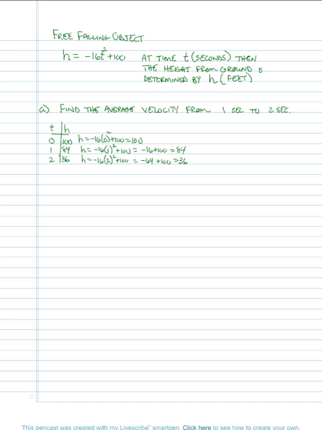So you can see that it's traveling faster between 1 and 2 seconds than it did between 0 and 1 second, because it traveled a lot further. So here's the problem. We already have the problem stated there. Find the average velocity.